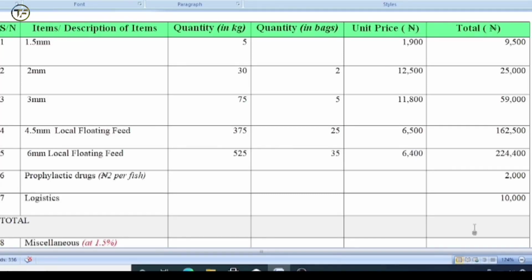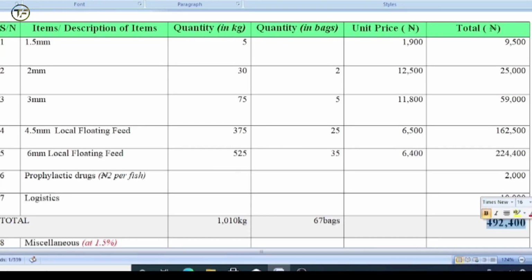So adding all this up together, the quantity in kg, we're going to be having 1,010 kg, and in bags, we're going to be having 67 bags. The total cost here would be 492,400 naira.